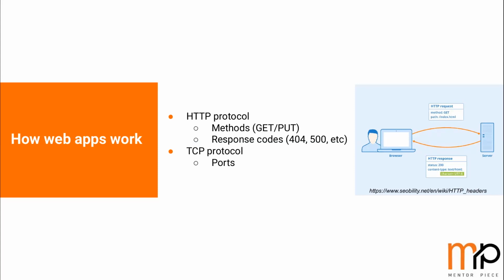And for this to work, they must use specific ports. For example, HTTP without any security mechanism uses port 80, and HTTPS, which uses a TLS security mechanism, uses port 443.